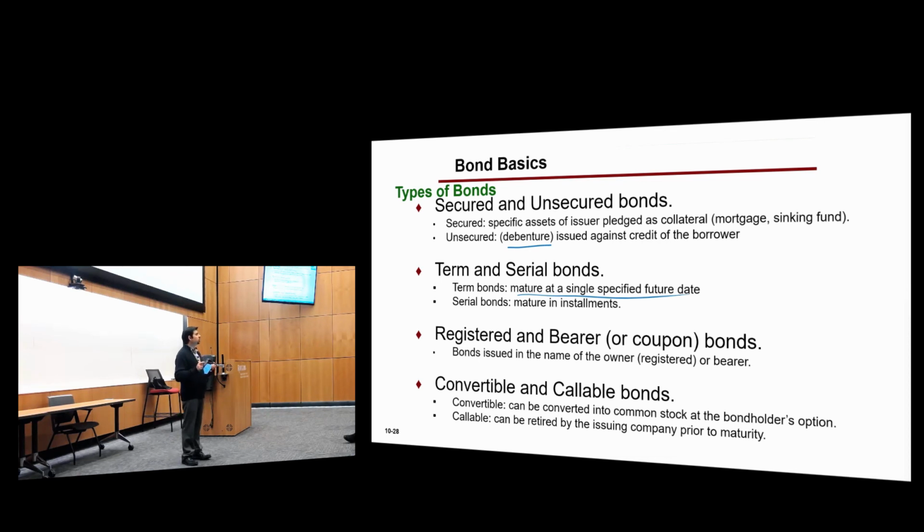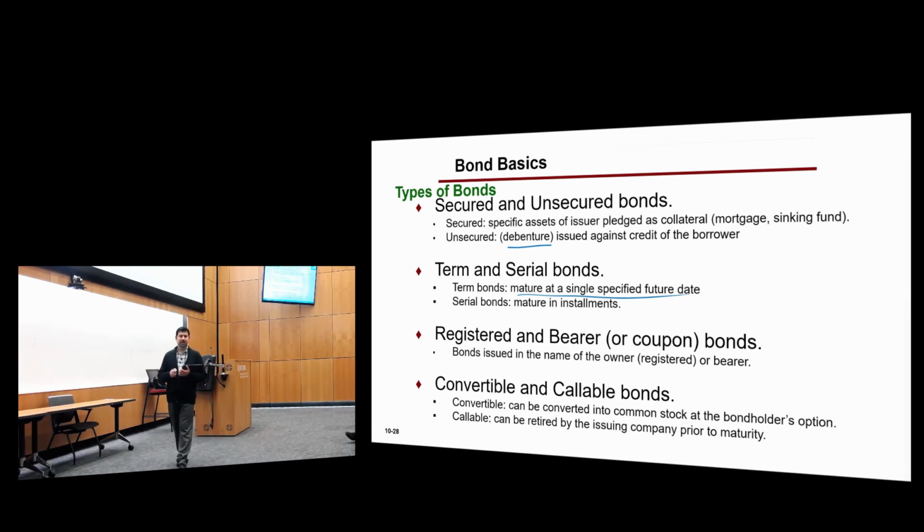We will learn later on how this is actually done. The company will have to convert them to stocks. This is, for example, when the company is doing much better and the owner of the bond will say, okay, I don't want it to be a bond, now I want to become an investor. I don't just want to be a lender, I want to become an investor. They have the right to convert it if it is a convertible bond.